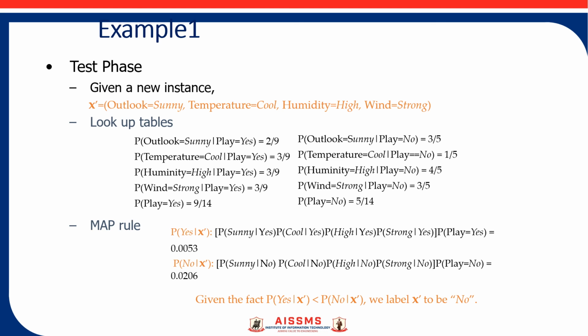So we can say that this X dash, meaning outlook is sunny, temperature is cool, humidity is high and wind is strong, belongs to no, meaning he will not play tennis. This is the final conclusion of this classification algorithm. In this way it uses the maximum probability and comes to know which class a particular instance belongs to.